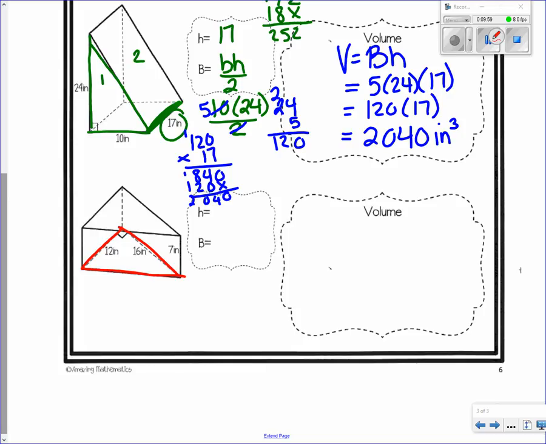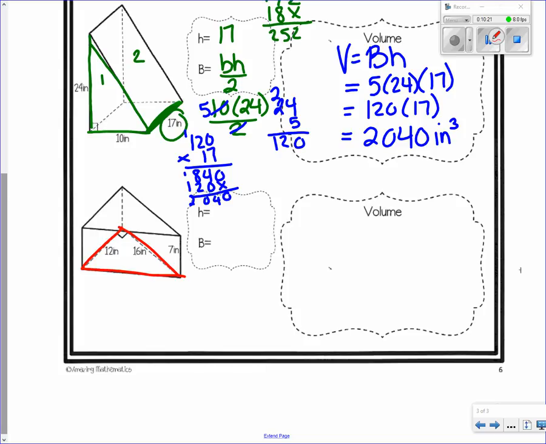Then filling out this first little box where the height and the big B, you'll get worksheets that have these steps for you. And we want you to get in the habit of doing that, because with volume that will really help you keep straight, because our students have trouble with big B and little b. And so this helps you. Big B is always the area of the base. So this is just good strategies for you.